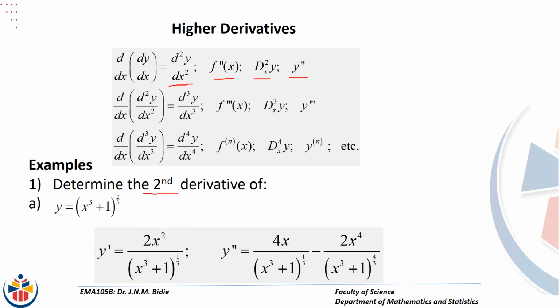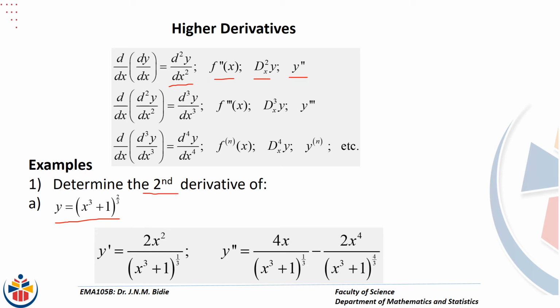The first example requires us to find the second derivative of the given expressions. We have A being y equal to x cubed plus 1 all to the power 2 over 3. The first derivative, please check with me.